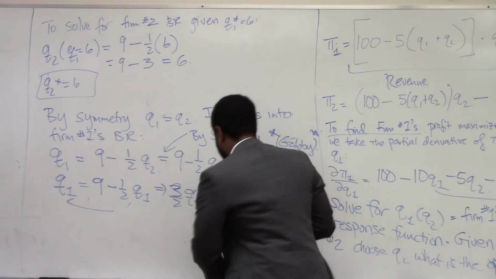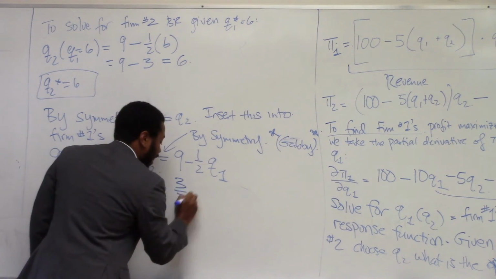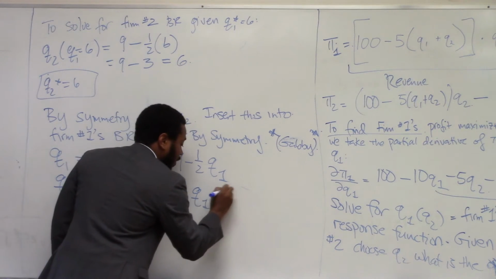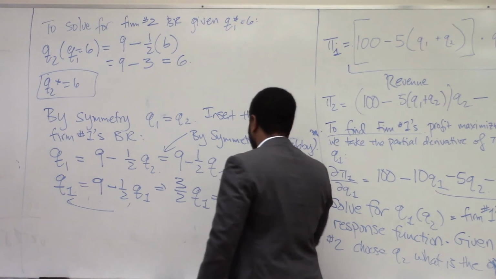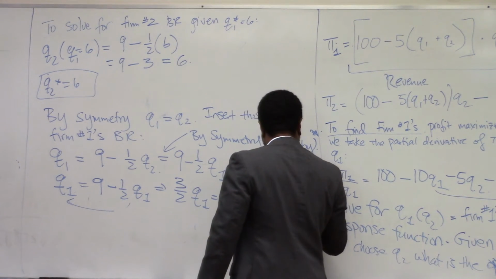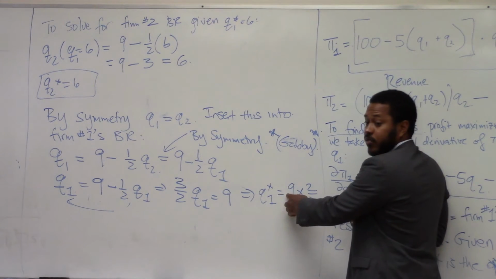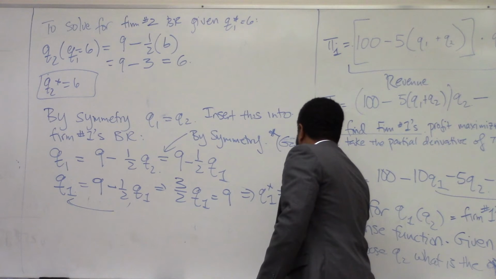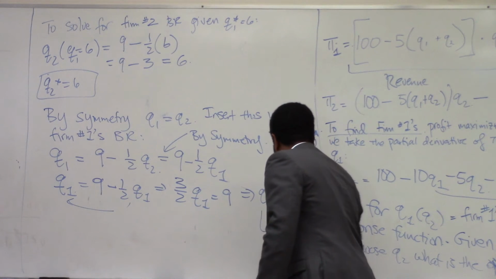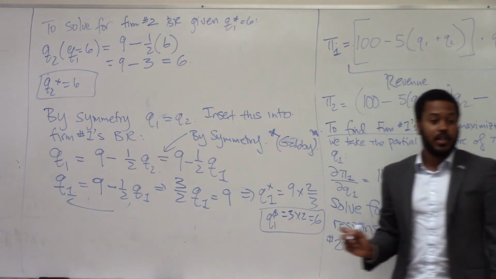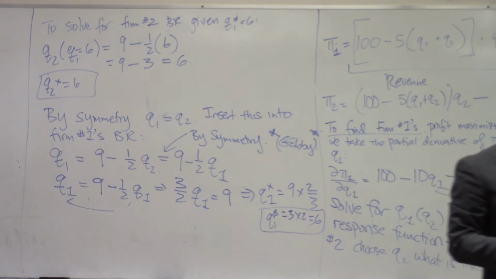That's going to imply that Q1 star is equal to 9 times 2 over 3. 9 divided by 3 is just going to give us 3, right? We just get 3 times 2, which is 6. So we have Q1 star equals 6, right? Which is exactly what we found by using the best response function.